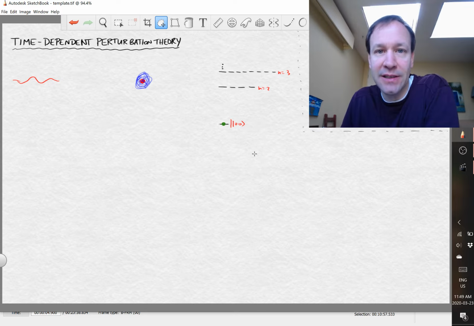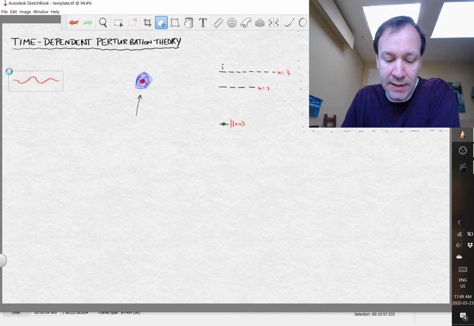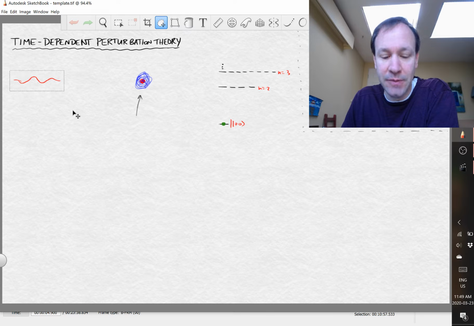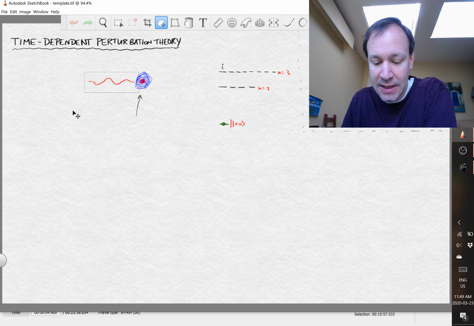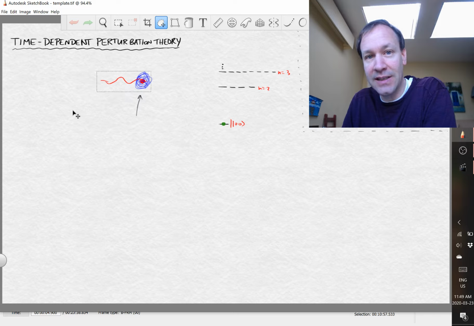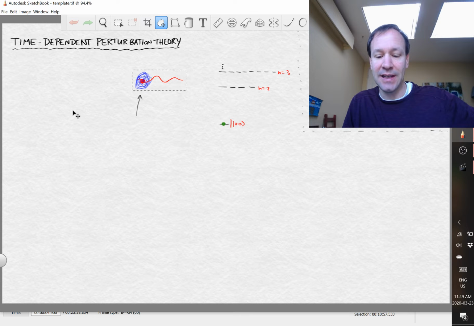So what I've drawn here is a hydrogen atom on the right, and we want to imagine that this hydrogen atom is just sitting there minding its own business, when all of a sudden some electromagnetic wave comes along. So that's this guy, here it comes, and it's now interacting with the hydrogen atom, and it passes by, but the electric field is going to exert forces on the electron.